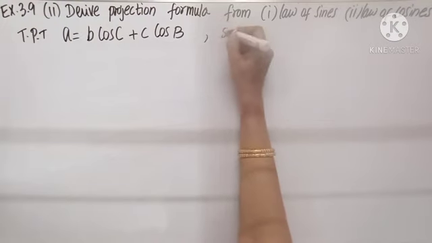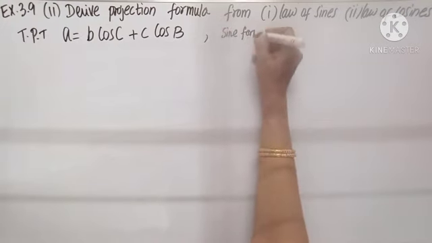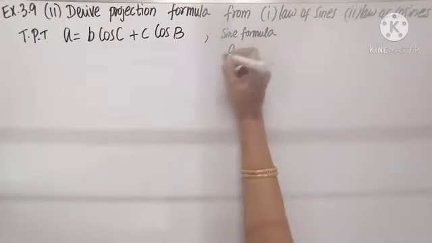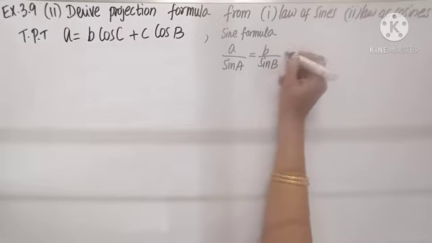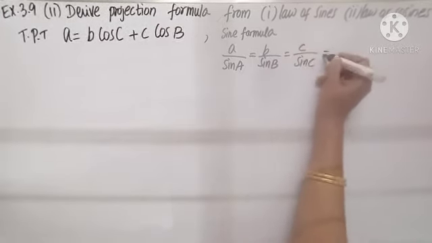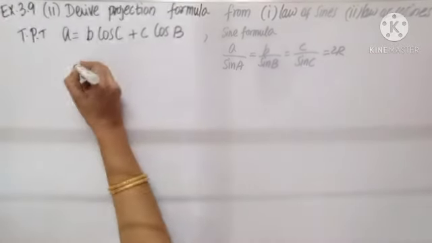So what is the sine formula? We know the sine formula is a by sin A equals b by sin B equals c by sin C equals 2R.